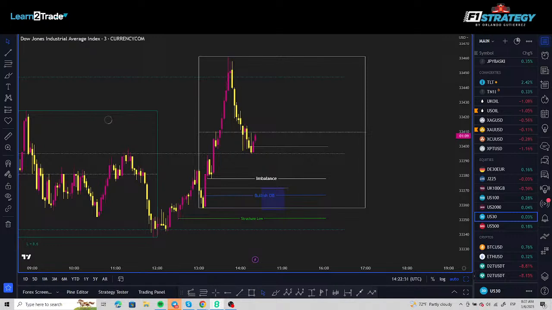Market watch, US 30. Let's trade the US 30, for fuck's sake. US 30 on the 5 minutes. Is this the US 30, Dow Jones Industrial Average, right?